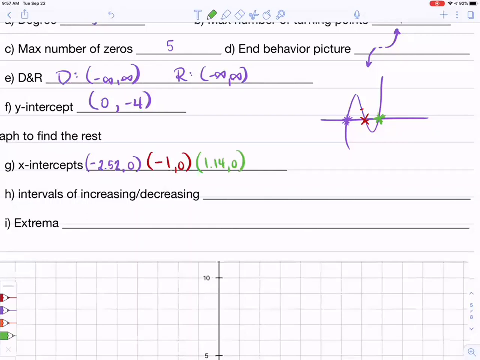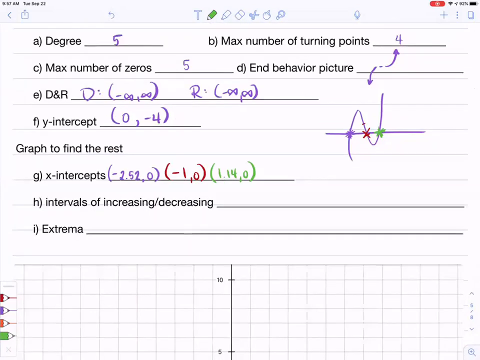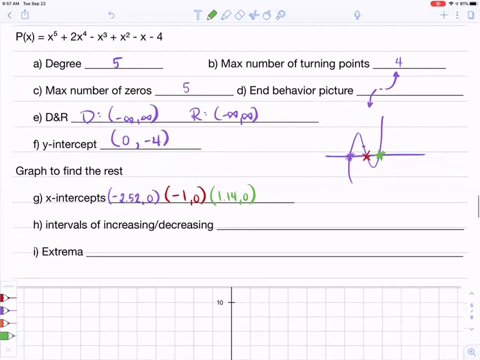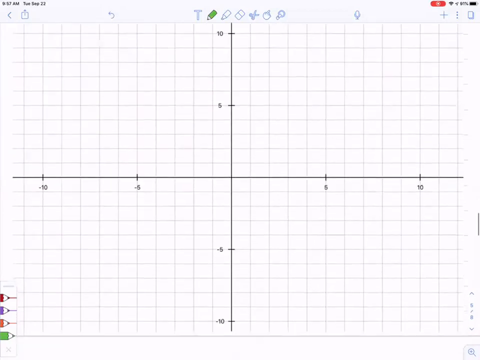Now, I'm told that I'm supposed to be graphing, because my directions say graph on the axes below once you're finished. So I've got some points that I've been working with. Let's put what I know so far on the graph. I had a y-intercept at (0, -4), so let's put our y-intercept on there.